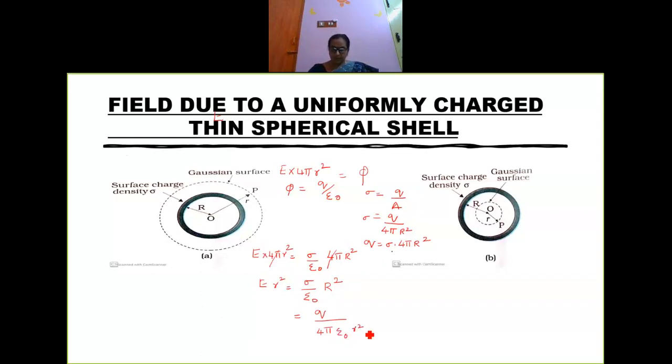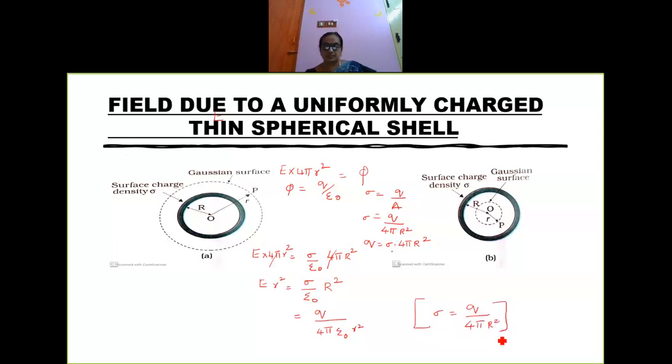So what do I substitute here? Substitute here for sigma as q by 4 pi r square.